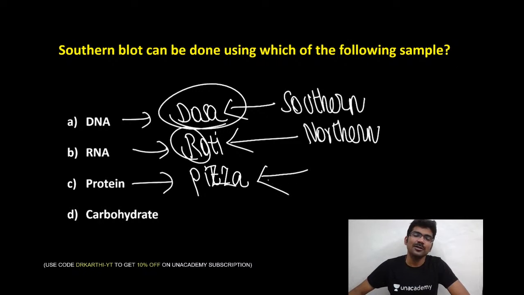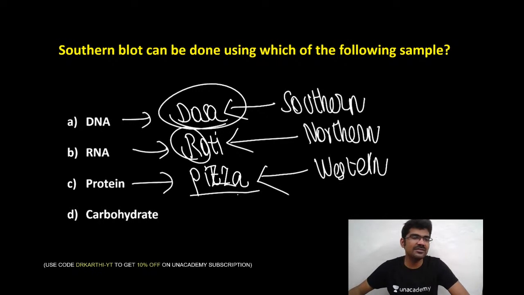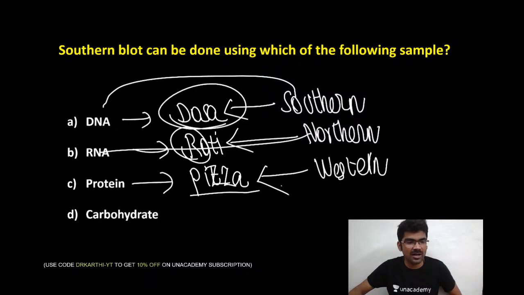Then people in the western world take pizza. Otherwise you can say pizza is from which country? I think Italy, right? So it's from the western world. So by this you can remember: southern blot DNA, northern blot RNA, western protein.